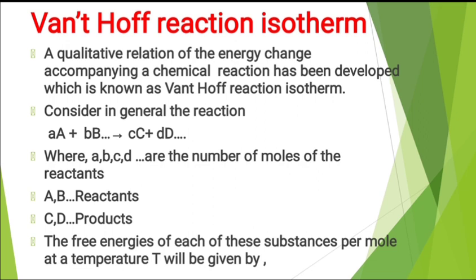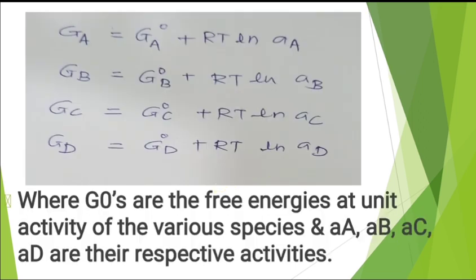So we can write equations for free energies for each of these species, capital A, B, C and D. So we will see how these equations can be written for free energies. See, I have written here 4 equations. So Gibbs free energy is denoted by G, and the standard Gibbs free energy is denoted here by G standard. So for the first reactant species capital A, we will write the first equation.